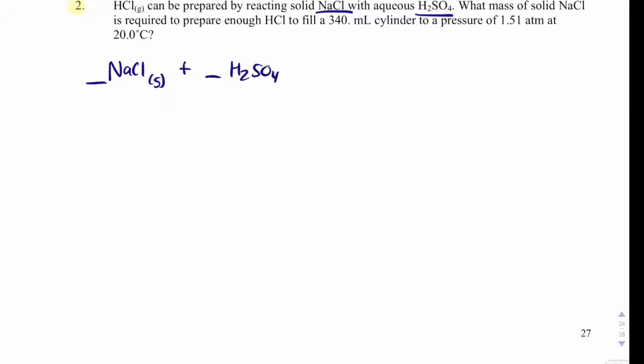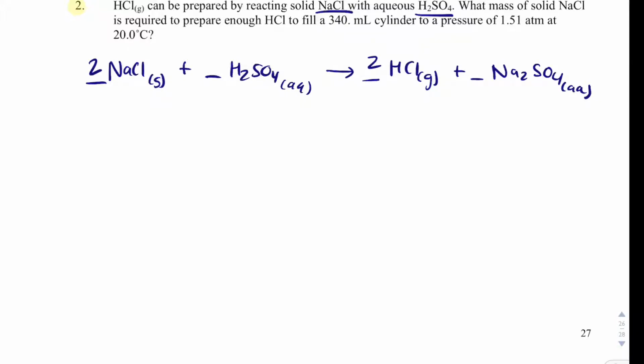And this looks to be just a double replacement reaction, and we get HCl, which in this reaction is going to be a gas. That's kind of rare, plus Na2SO4, and that'll be aqueous. And then to get this balanced, this will be 2, and this will be 2.